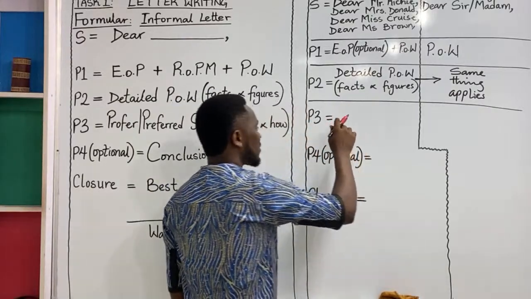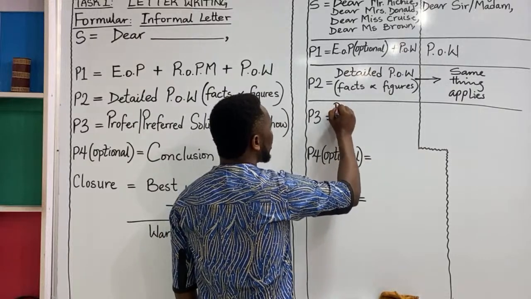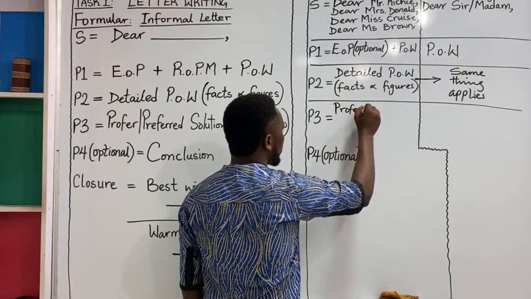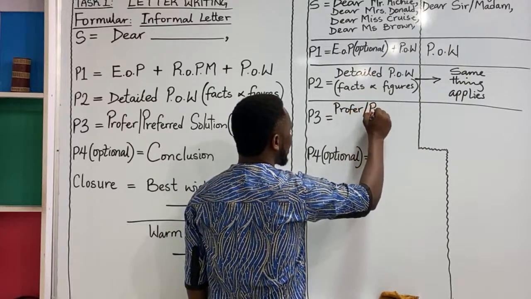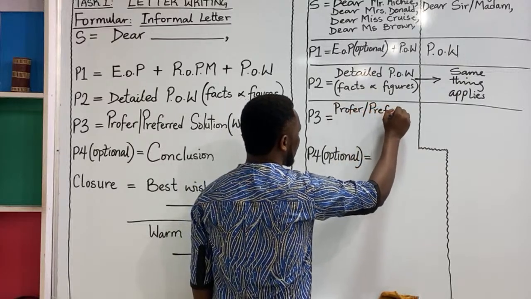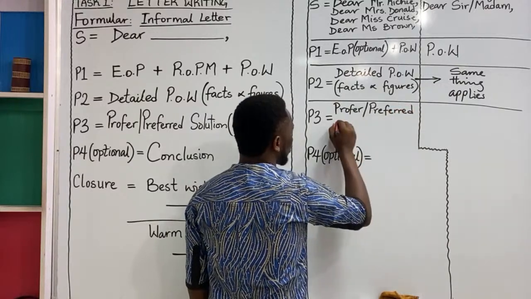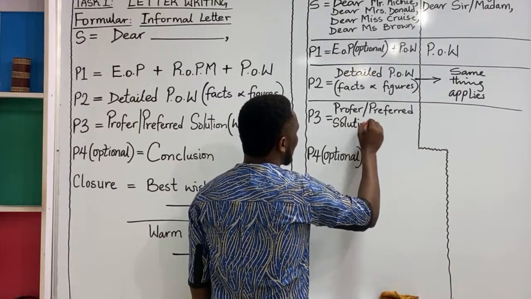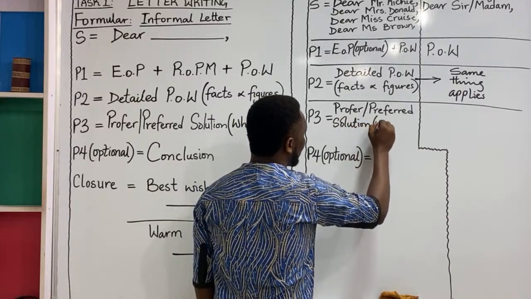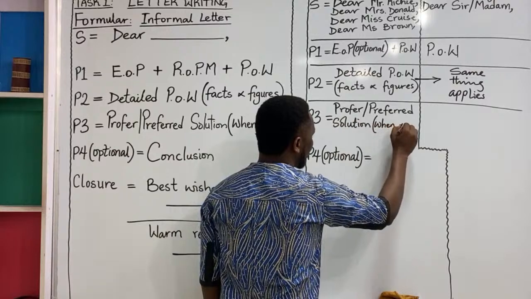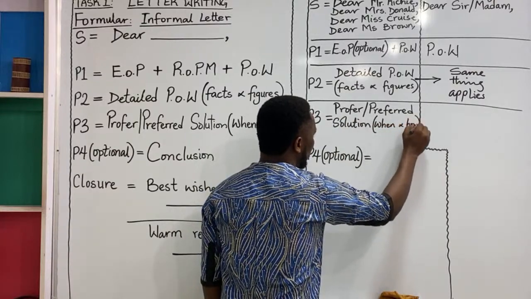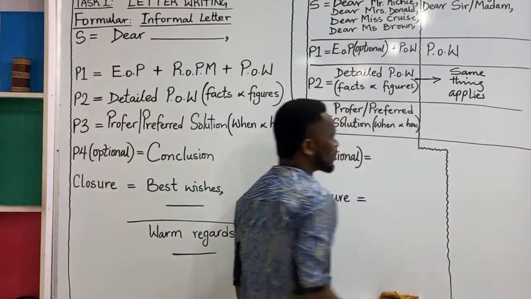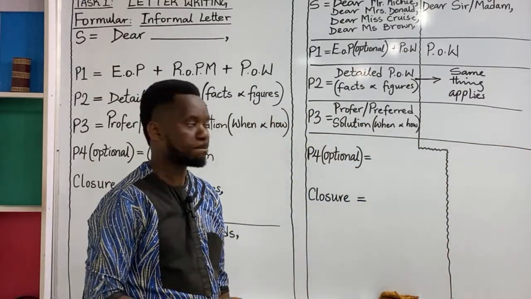In your third paragraph, what do you do? It's either you proffer a solution or you give your preferred solution, and this can be achieved by establishing when and how you want the issue to be resolved. Okay?